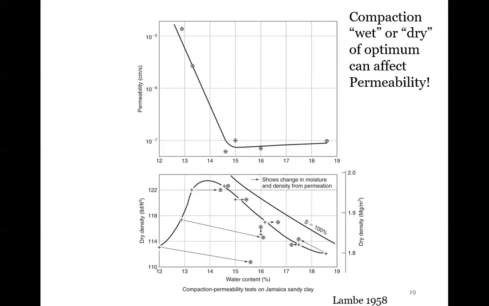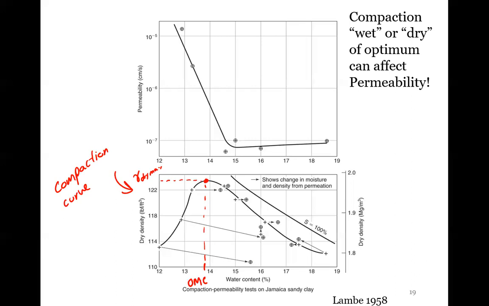So down here, this is our compaction curve. That's what we talked about last week. So from this, you can see where our optimum moisture content is right here, right? So this would be our dry max. And then this value here would be our optimum moisture content.